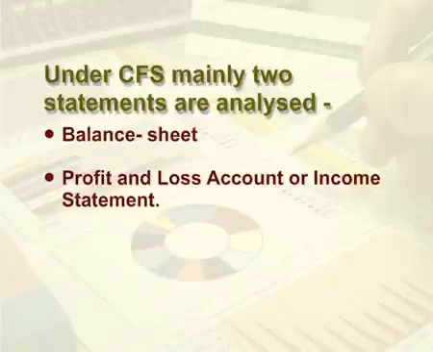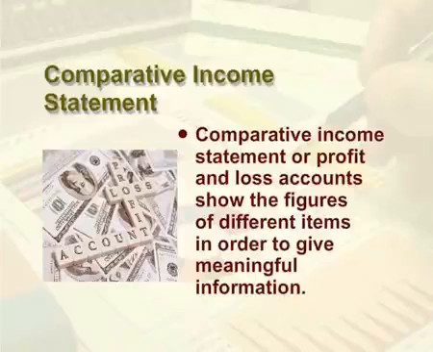Friends, as already mentioned, under CFS, mainly two statements are analyzed, that is balance sheet and profit and loss account or income statement. Let us see how these statements are analyzed. 1. Comparative income statement.